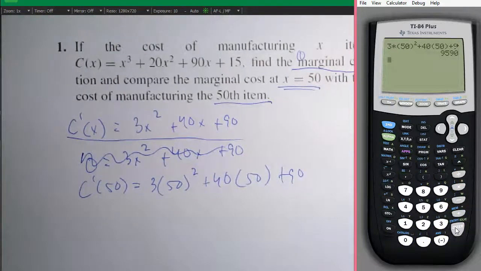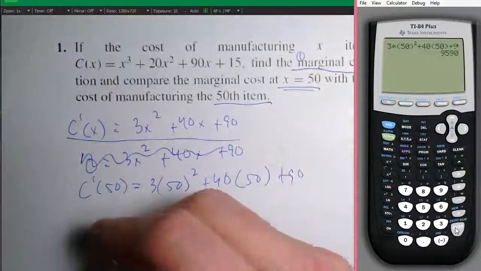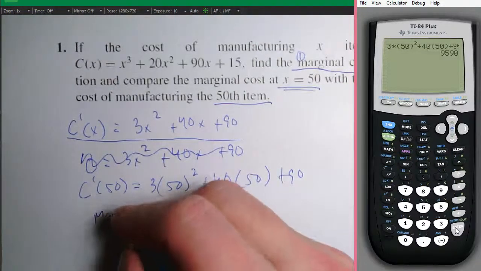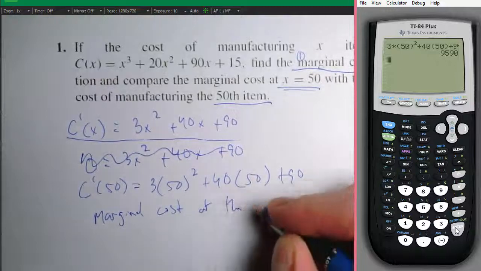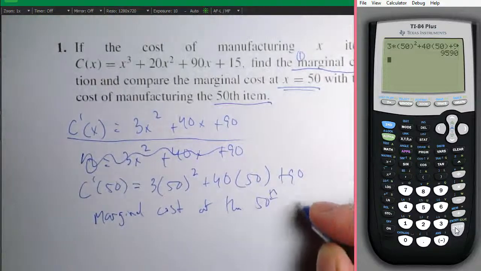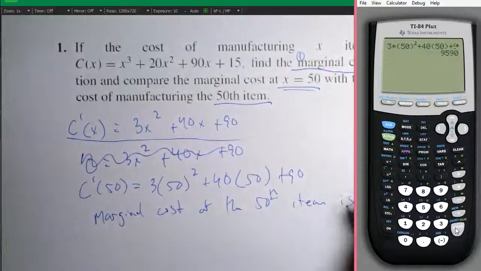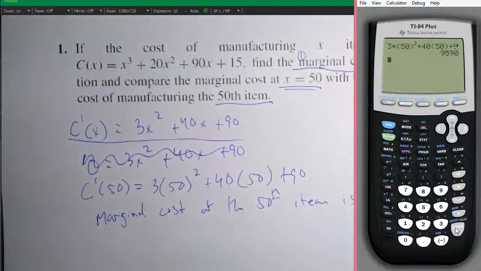So the marginal cost of the 50th item is $9,590 per item. So when we get to the 50th, we can assume it costs us around $9,590 to produce that item.